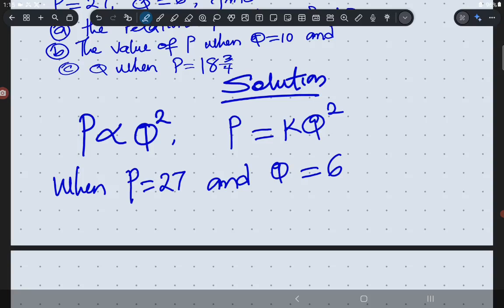From the formula given, which is P = KQ², we have 27 = K × 6².